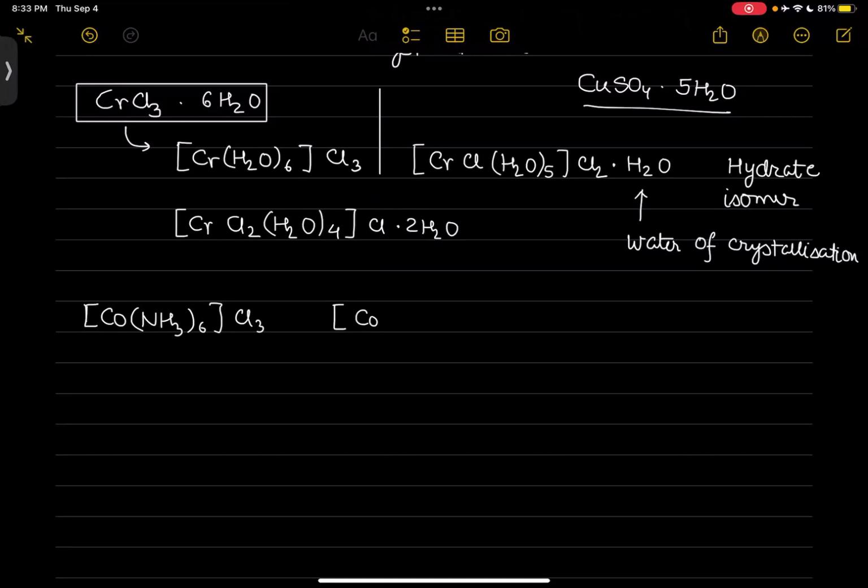Same example we can carry forward here also with NH3, but the hydrate you are not going to use. That is very important.